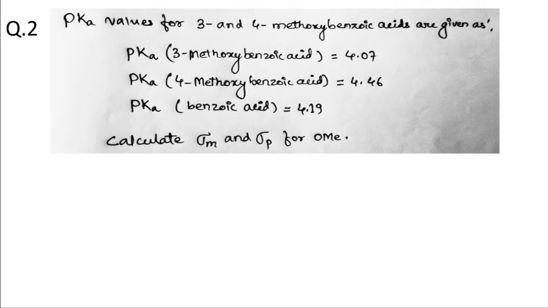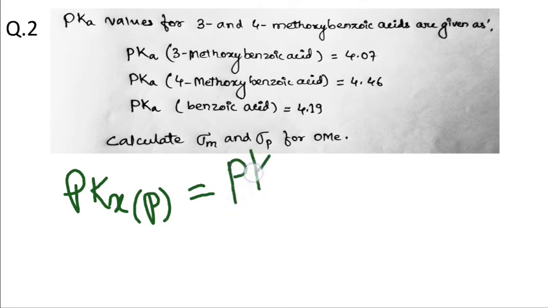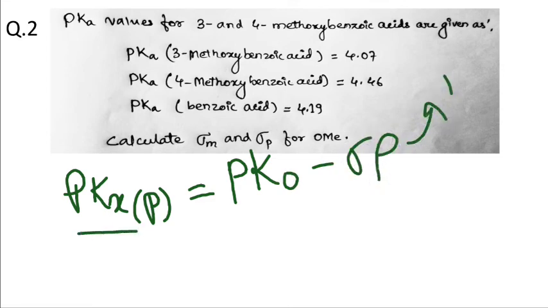Okay, similarly for sigma p, we can do the same procedure. pKx para is equal to pK naught minus sigma rho. Rho is always 1. The pK for substituted methoxybenzoic acid, p means para, this one, is 4.46.